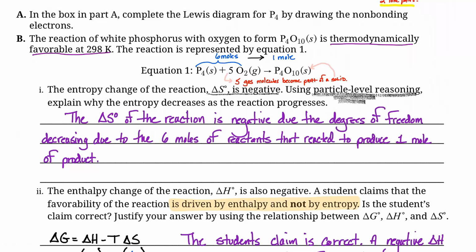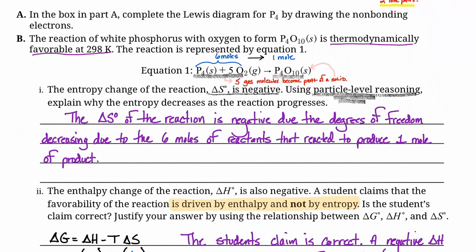There's molecular motion that can spread out as well. And so when I think about particle level reasoning, or about the entropy of a system, we're always talking about how these molecules are spreading out their energy, or whether they are becoming more concentrated.